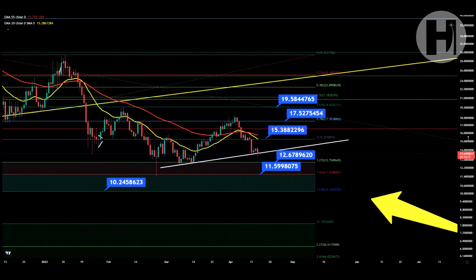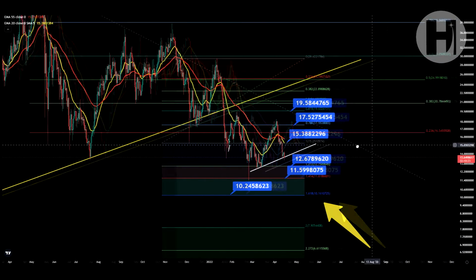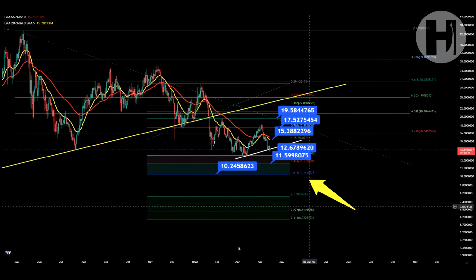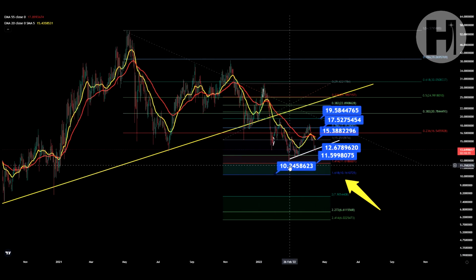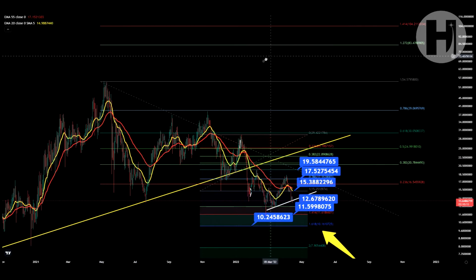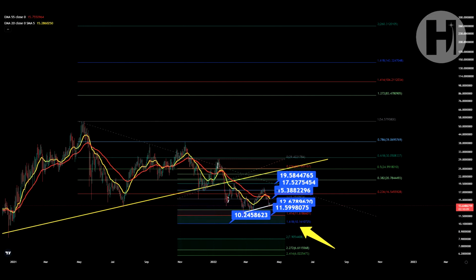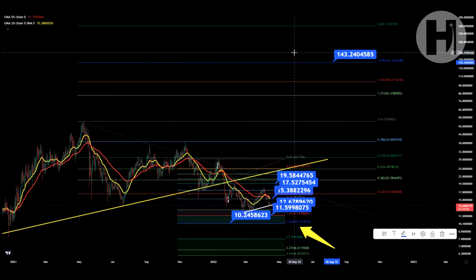Now, zooming out, we do have a larger Fibonacci retracement set up. However, here the targets are to the upside. So the swing low is all the way down here, the swing low that we printed in February, and we have the swing high in May of last year. So this is a big Fibonacci retracement. We have our targets at $143 over here, which is the 1.618.